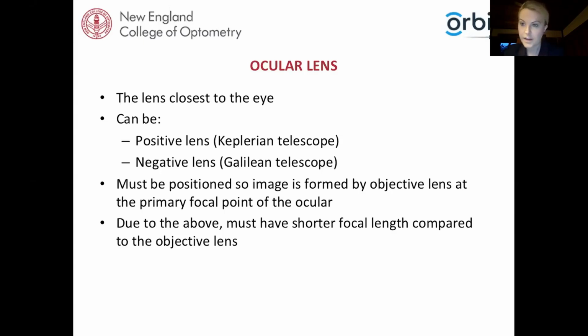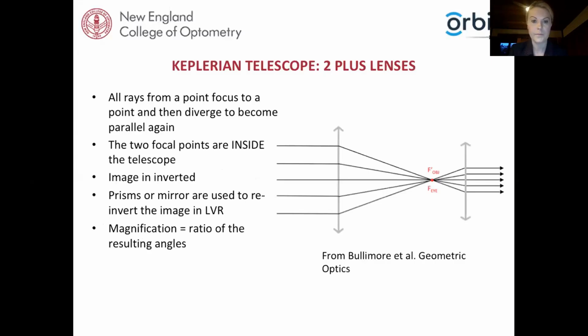So as the light is coming into the telescope, it goes through the objective lens first, forming an image, and then that image has to be captured by our ocular lens. The ocular lens often has a focal length that is much shorter compared to the objective.